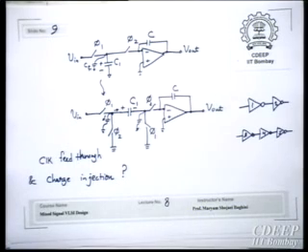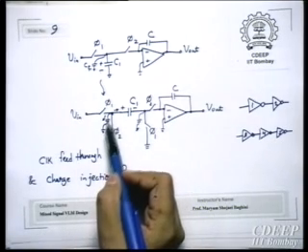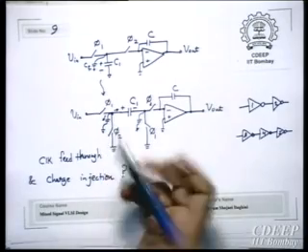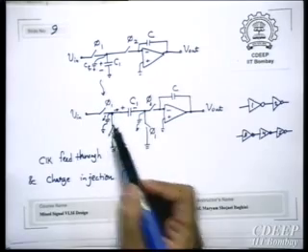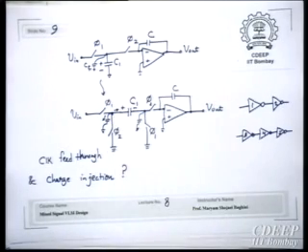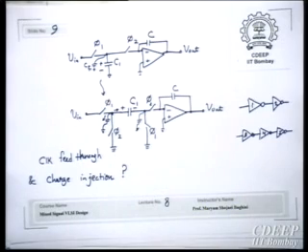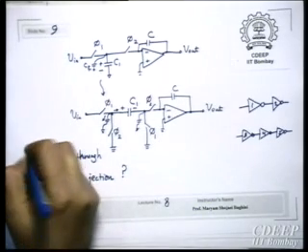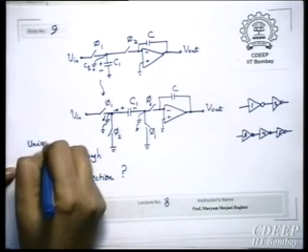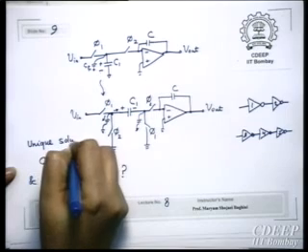But I believe at this moment, both of them anyway are coming here, and both of them will get discharged to ground from here and from here. So net current will be 0 at this point, net charge. So the question is whether it will be a unique solution to both.